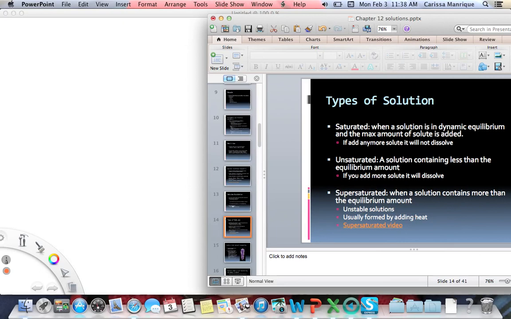But it's very unstable, so usually if you just hit the beaker that it's in, all of that extra salt that dissolved will all of a sudden fall out of solution. And what do I mean by fall out of solution? I mean it'll all of a sudden become a solid. It's very neat looking, but that's how it works.